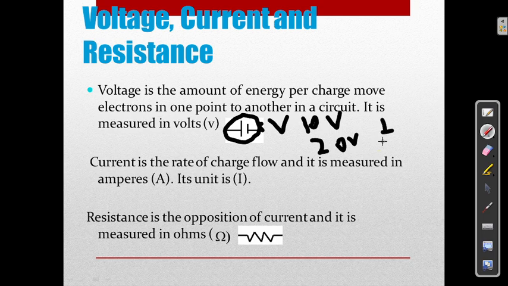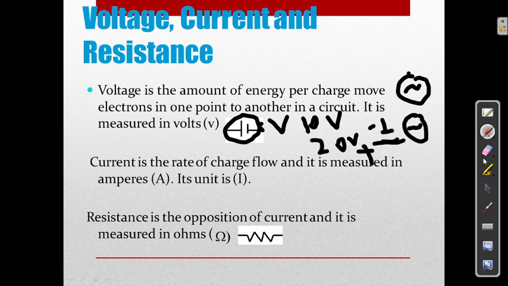Here is the symbol of voltage, and this is also the symbol of a voltage source in a particular circuit. We will have it like this, like this, as well as like this. The smaller length represents the negative sign, and the bigger length represents the positive sign.